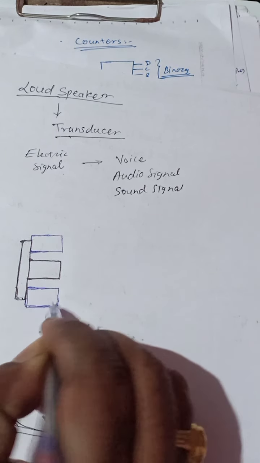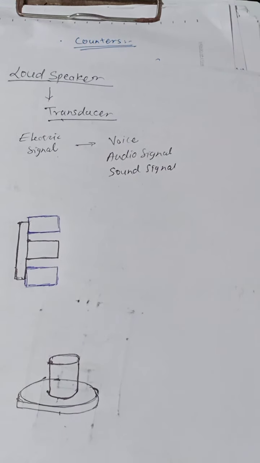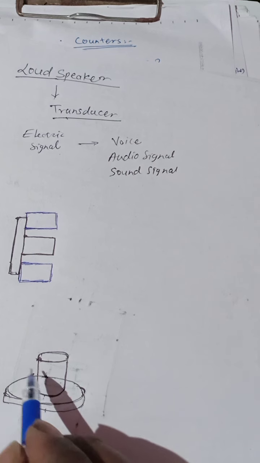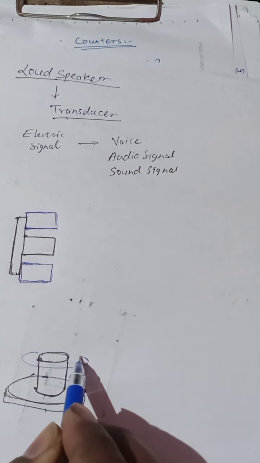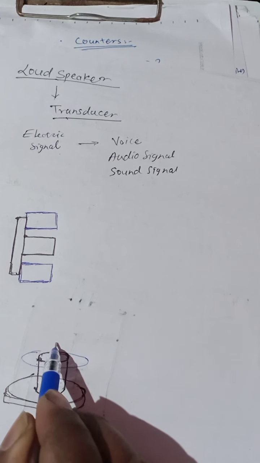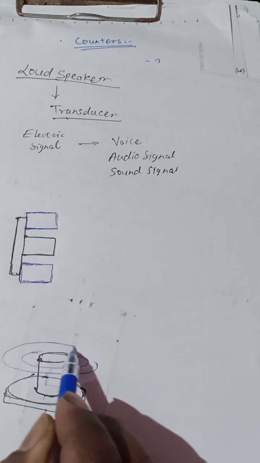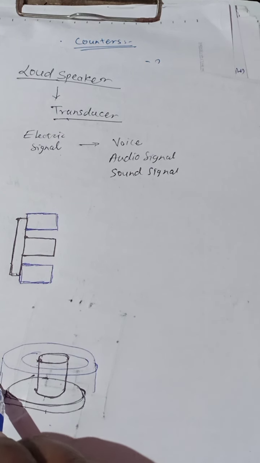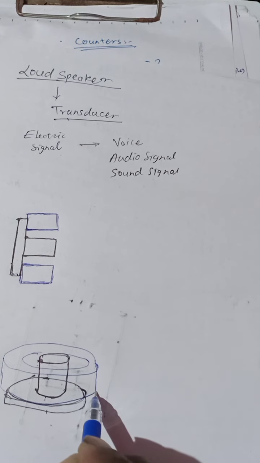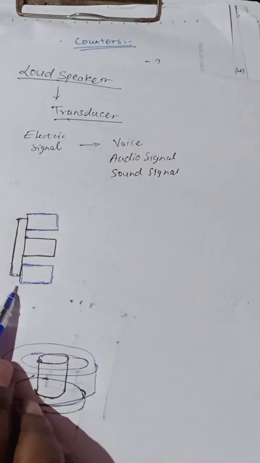So this is a permanent magnet. If we see this in a 3D fashion, it seems like this.